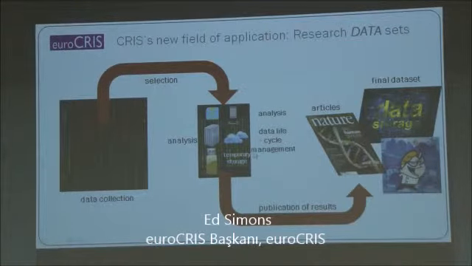So this is the actual research being done here. At the end, when the research is finished, the publication of results is done. There is an article or more articles coming out of the research, and also the final data sets are archived or stored somewhere at a data hoster facility.